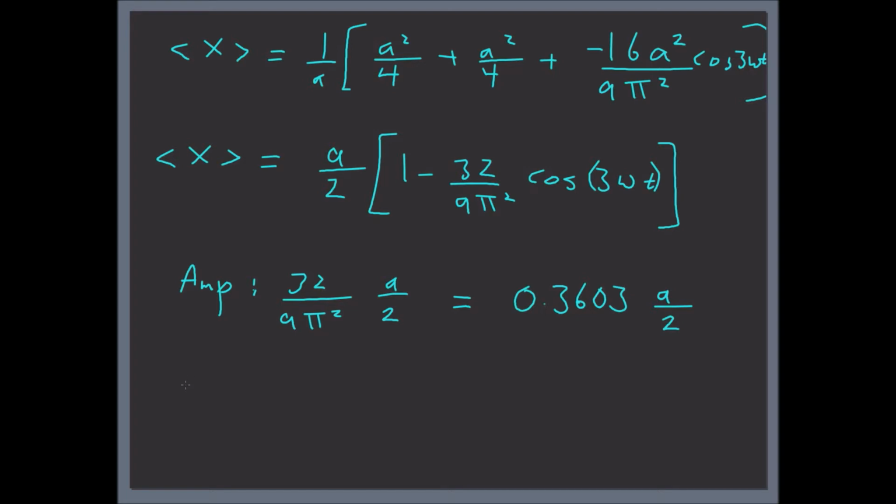The angular frequency, that's the 3 omega. This is equal to 3 pi square h bar divided by 2 times the mass times a square.